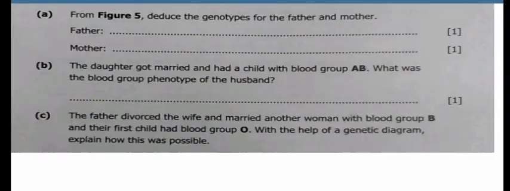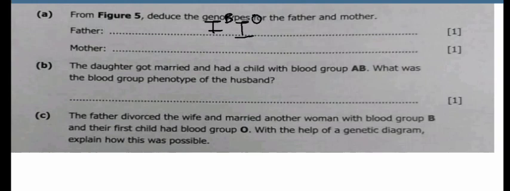Likewise. So the first one is saying, from figure 5, deduce the genotypes for the father and mother. So as for the father, we are going to have this one here, which is heterozygous dominant.